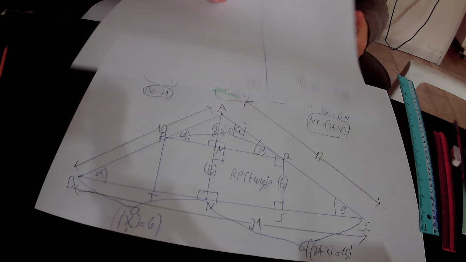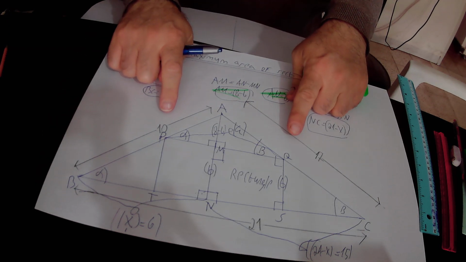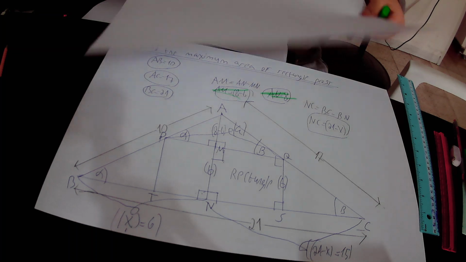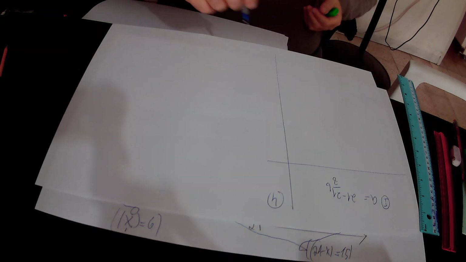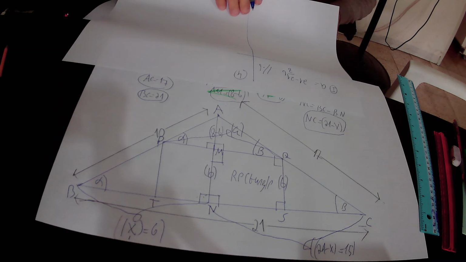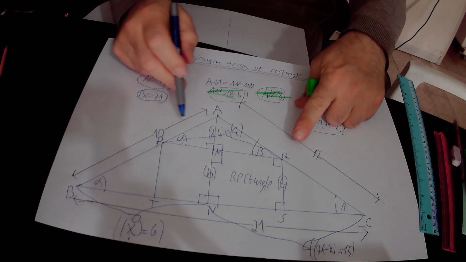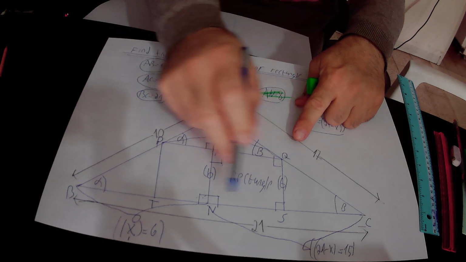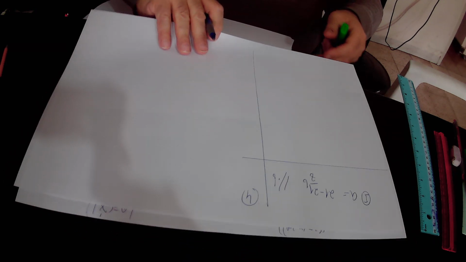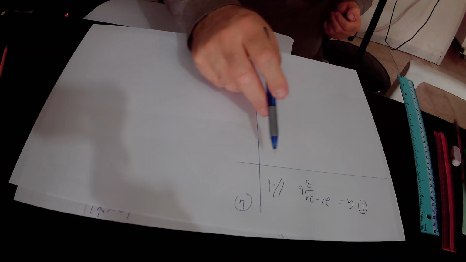a is the length of this rectangle PQST, and b is the width of this rectangle PQST. So we multiply this equation 1 by b.